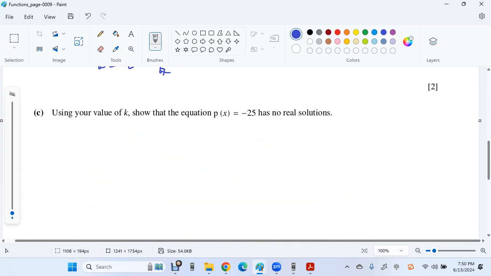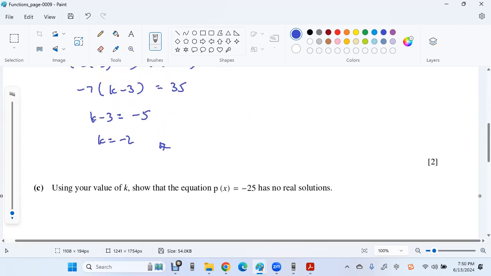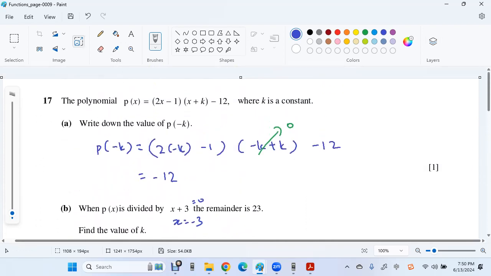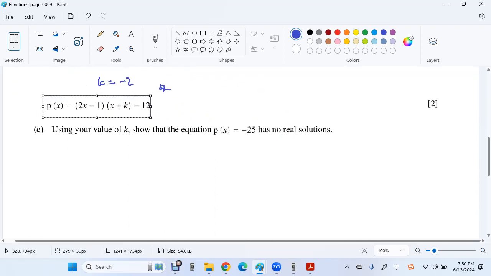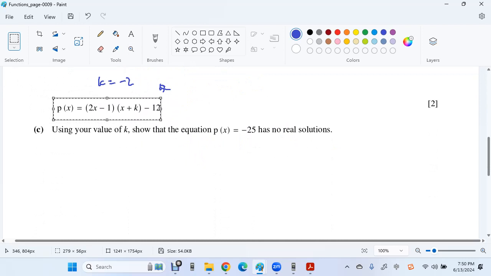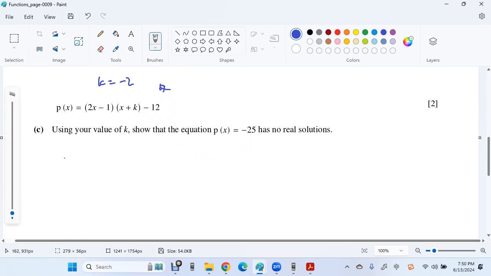C. Use your value of k. Show that the equation p(x) equals -25 has no solution. k is -2, so p(x) will be (2x minus 1) times (x minus 2) minus 12.